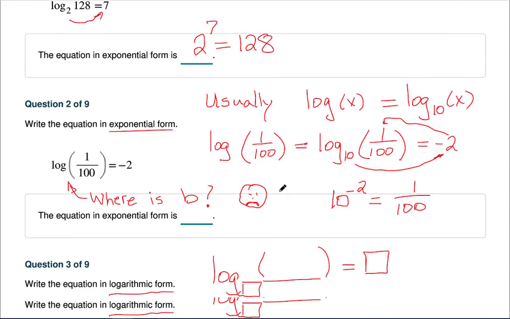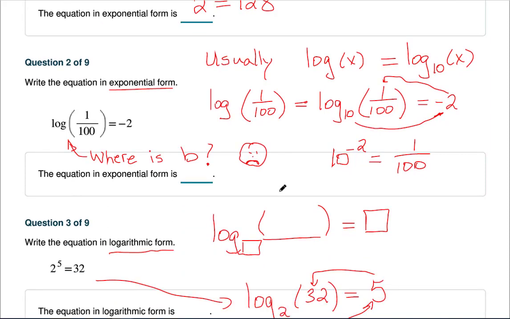In question 2, we have log of 1 over 100 is minus 2. So looking at this, I'm thinking, well, where is the base? They didn't write one. Well, in our textbooks and in some other textbooks, whenever you see a log with no base, it's understood that the base is 10 and you're dealing with a common log.